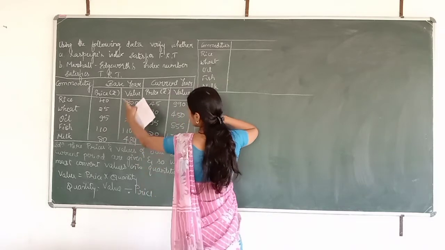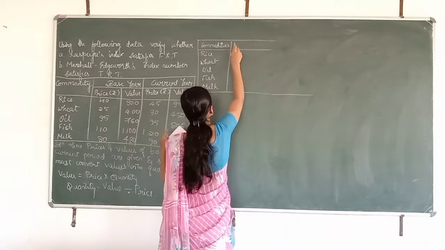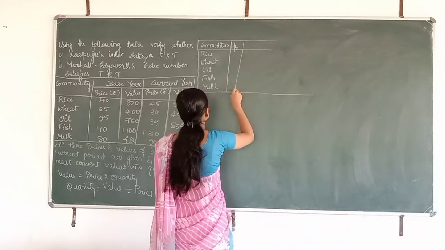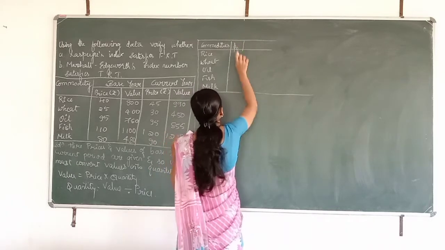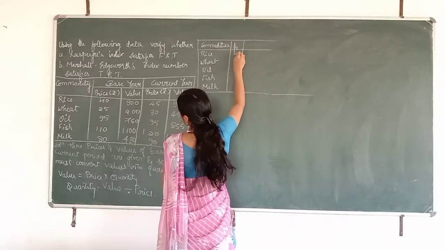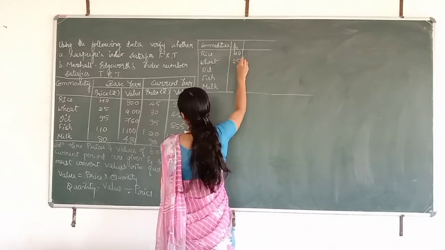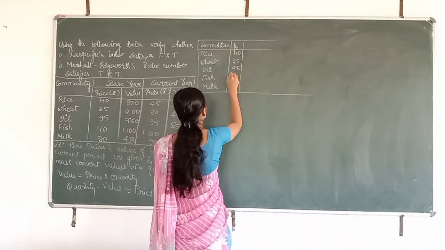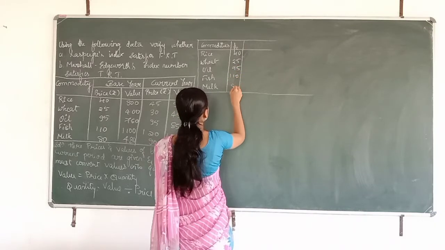Next, after commodities, base year prices are given, which is denoted by P naught. The values are 40, 25, 95, 110, then 80.